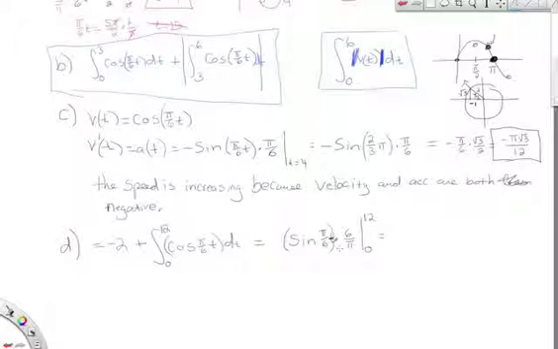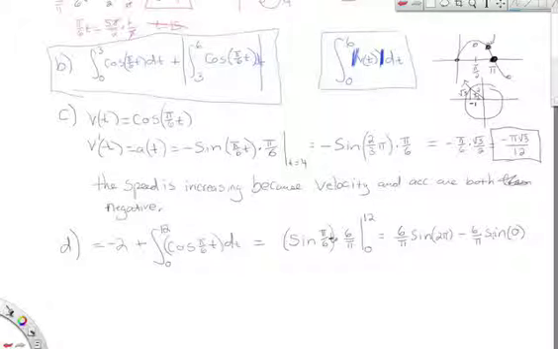So I plug in 12 and I get 6 over pi times sine of 2 pi minus 6 over pi times the sine of 0. And this is interesting, because the sine of 2 pi is 0.